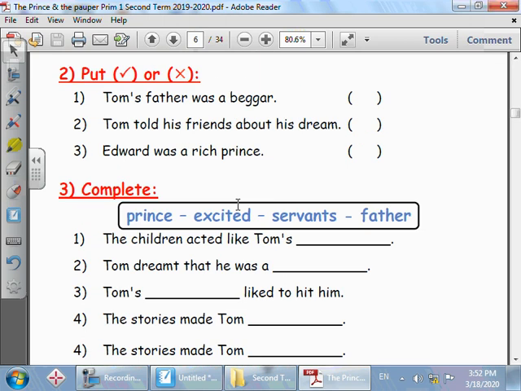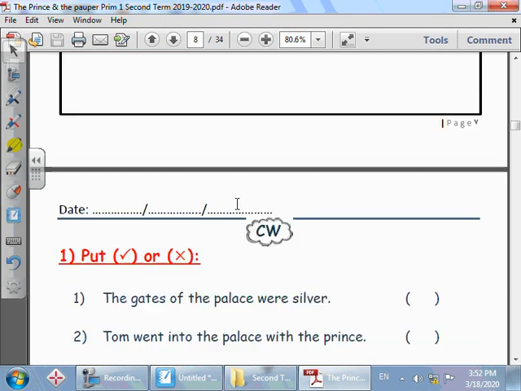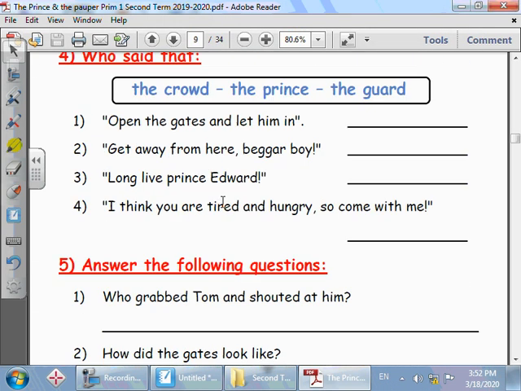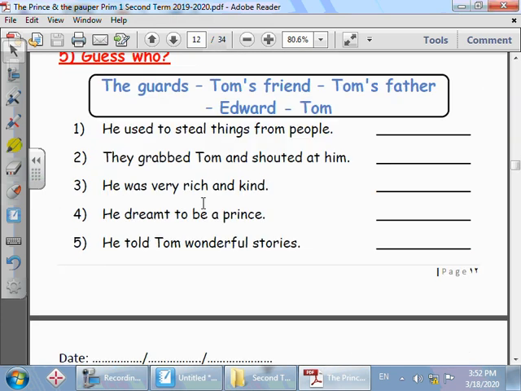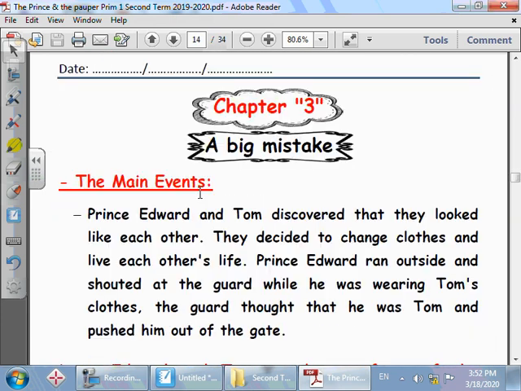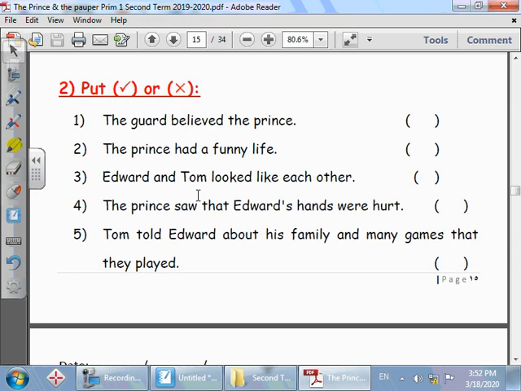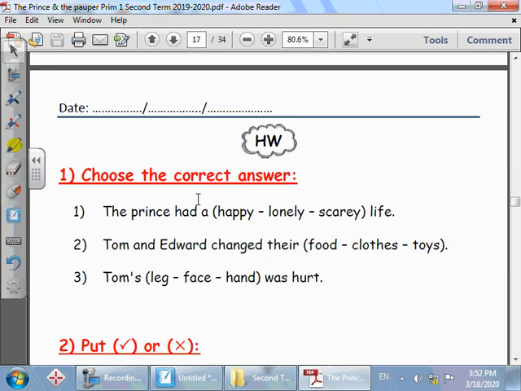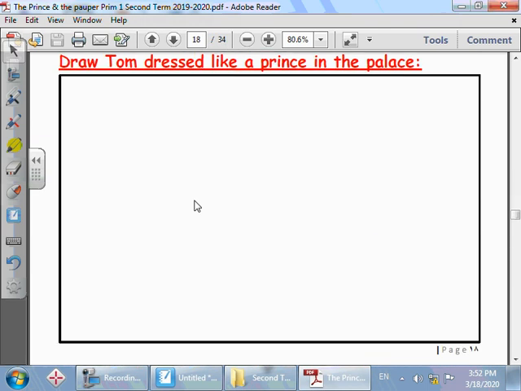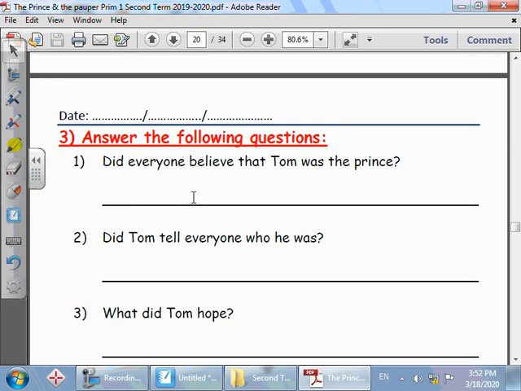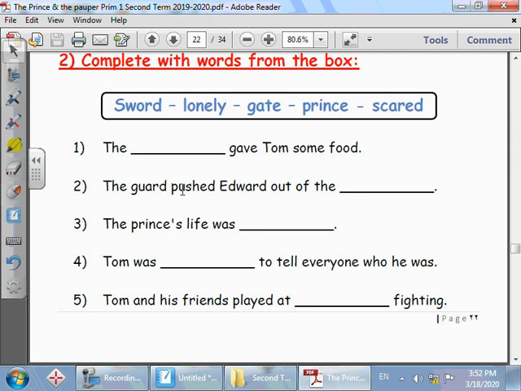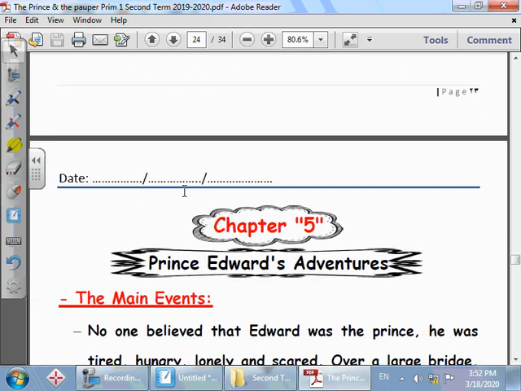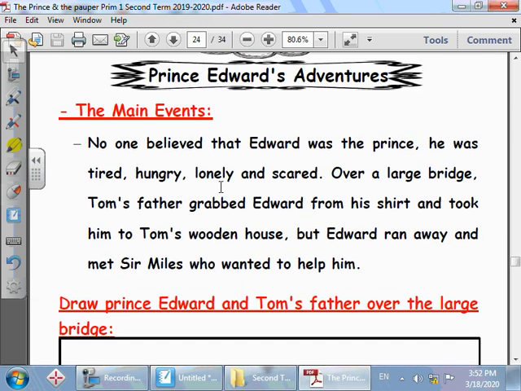Chapter 5, Prince Edward's Adventures. Okay. Please open your story booklets with me. Here we're about to reach the page. Okay, now, Prince Edward's Adventures.